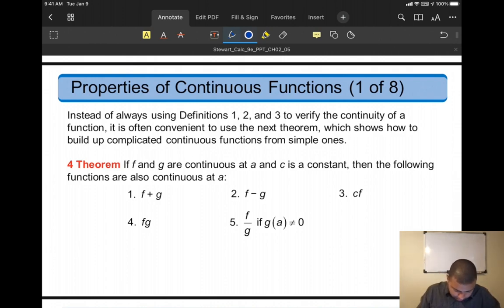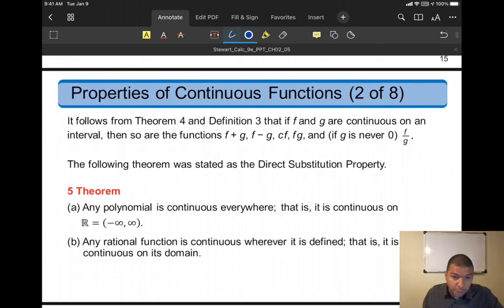More importantly, the quotient of continuous functions is continuous, unless possibly when the bottom is zero, because then you have an undefined ratio, an undefined quotient.